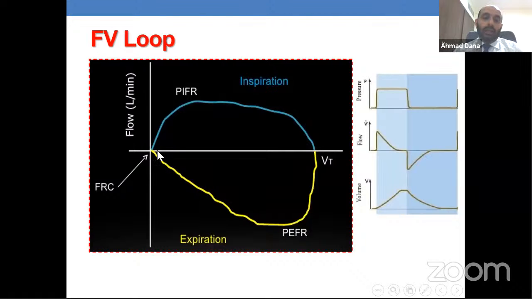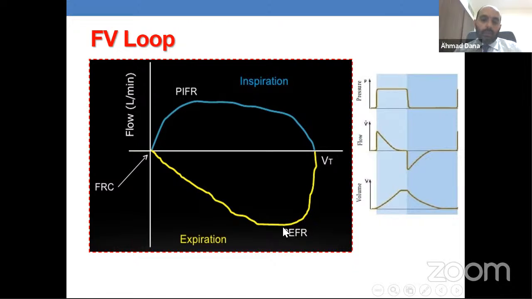This is the same as the pulmonary function test, but in the opposite way. You start up, then go down, whereas in the pulmonary function test you start from down and go up. So it's the same idea. You start with the flow, because we are relating the flow to the volume. You start with the flow in the expiratory time. Start at 0, go to 0. Then the expiration, the flow of expiration.